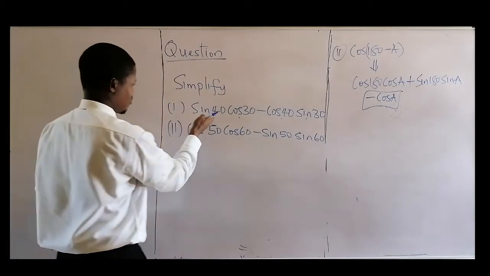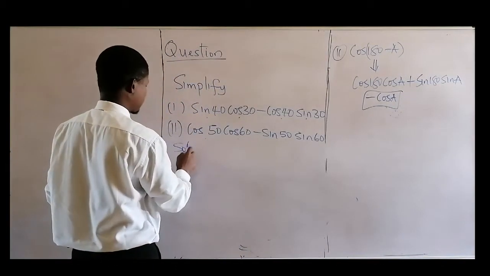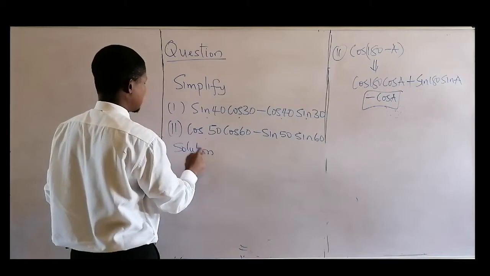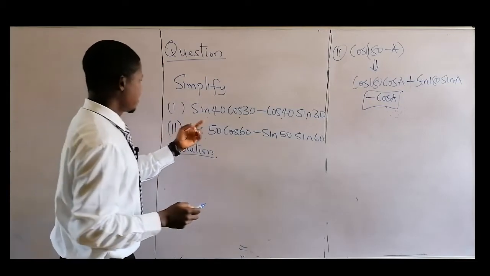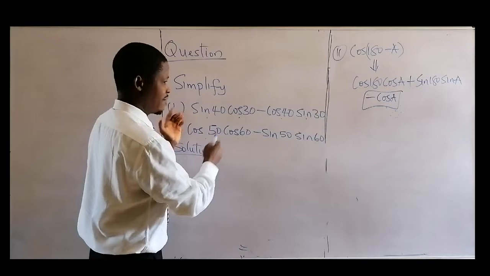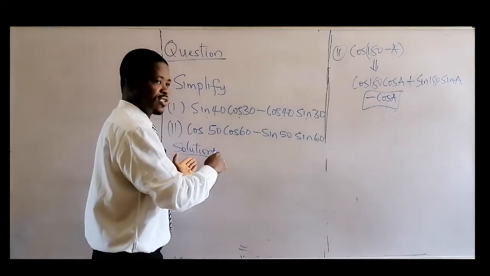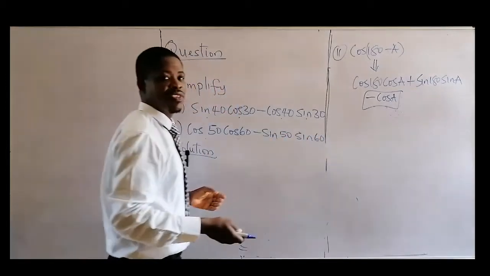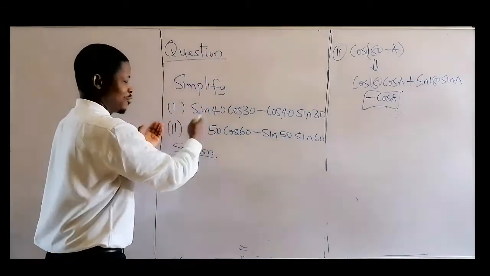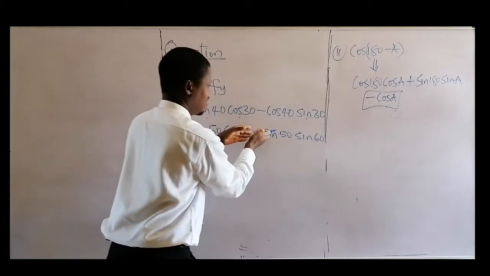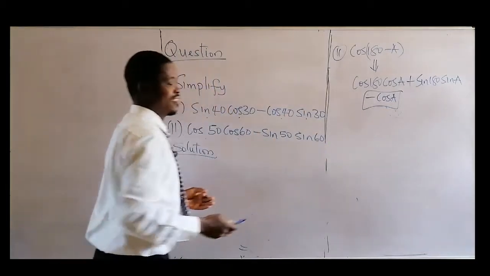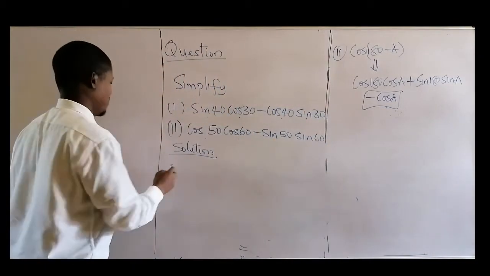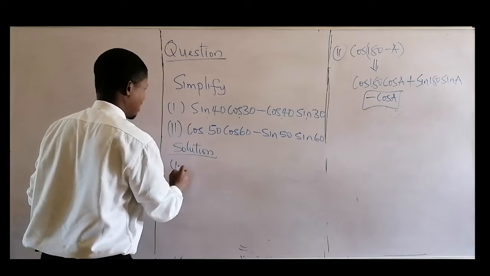So if you look at this number one, you realize that the sine and cos are alternating: sine cos sine. And the values are also alternating: 40 30 40 30. So without wasting time, number one will just be one line.